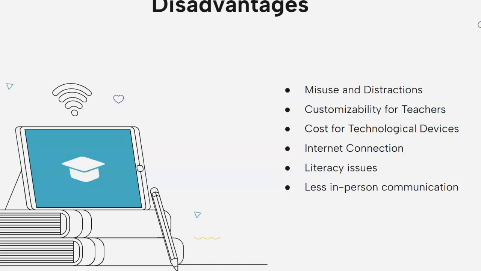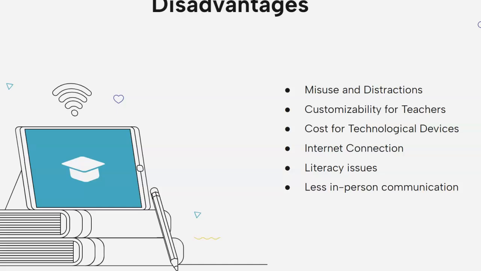And then with Google Classroom, sometimes teachers want a certain look or have their assignment set up in a way that technology can't always give. So it really isn't great for customizability. Another big issue is the cost for technological devices.